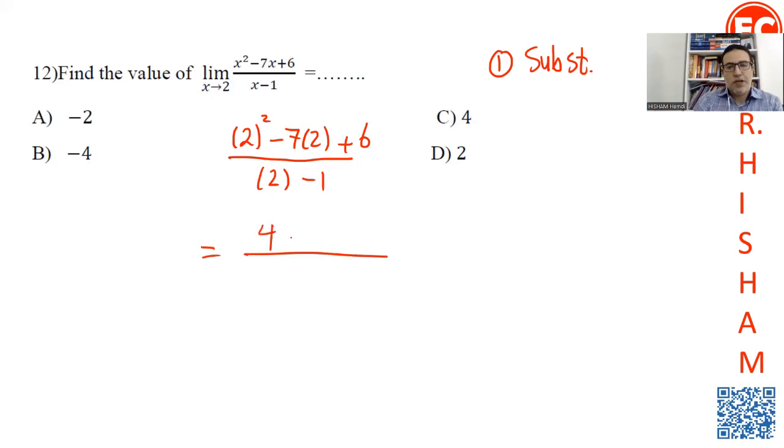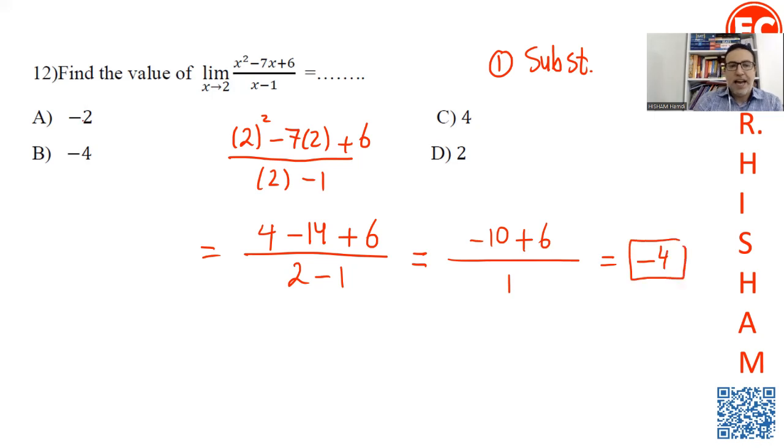So it's 4 minus 14 plus 6 over 2 minus 1. So 4 minus 14 is negative 10, plus 6 over 1, which is equal to negative 4. And my advice to you during the test: don't rush your work, don't hurry to find the value quickly. Take it easy and solve it with steps, so as not to mix up the negative and the positive values.